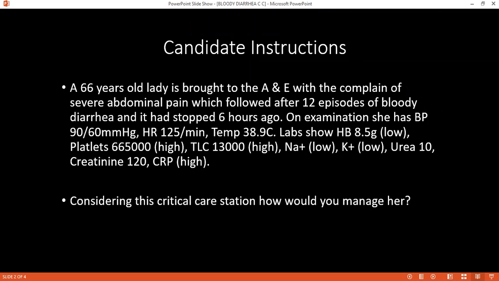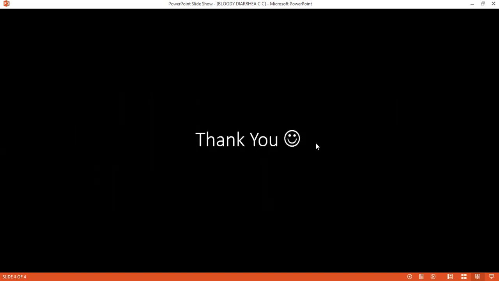If the patient has decreased frequency of diarrhea, decreased fever, and decreased CRP and TLC. The antibiotic choice will depend on the stool culture and the local policy of the hospital and the microbiology team. Good, thank you. That was well prepared.